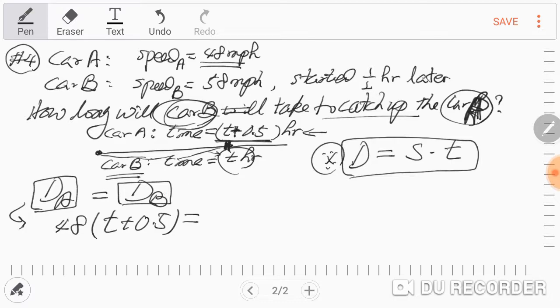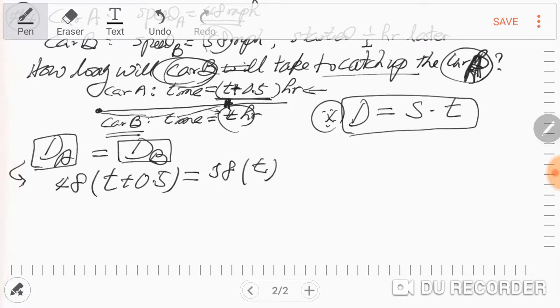The distance is the speed of car B, which is 58, multiplied by how long car B traveled, T hours. Then this is the equation so that we can find T. T is the number of hours that car B took to catch up to car A.